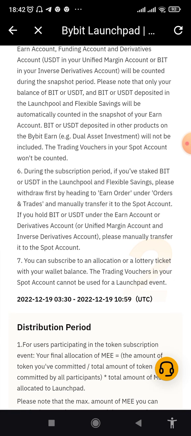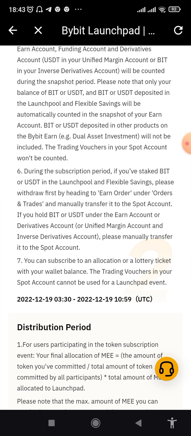So during the subscription period, if you have staked BIT in your launchpad, please make sure that you withdraw it first, by heading to orders and manually transferring into your spot account. That's what I said, because otherwise it won't be counted. It won't be able to be locked. So make sure that all your money is in your spot account.